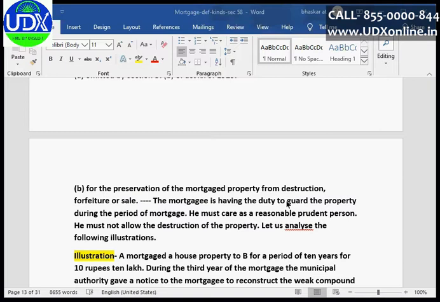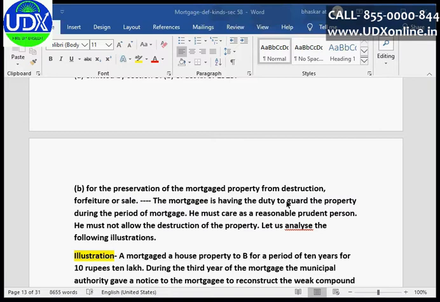He must inform, in whatever mode it is possible, about the necessity to protect the property. Then, some of the mortgagers who are financially sound, they may listen to the mortgagee and they themselves will spend the money.